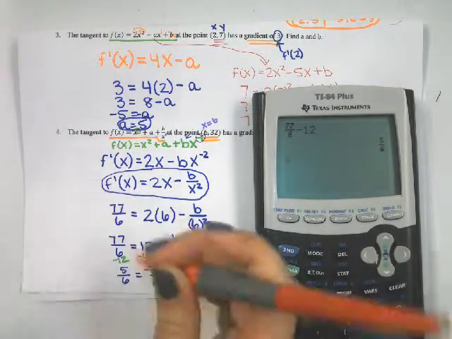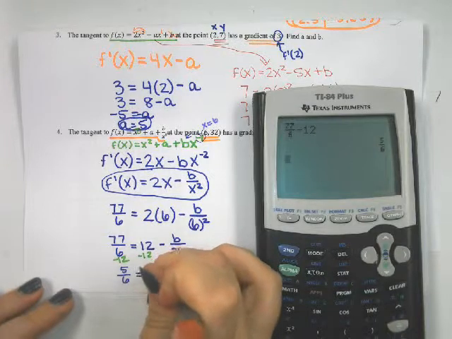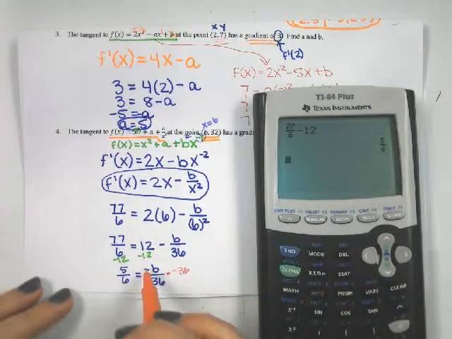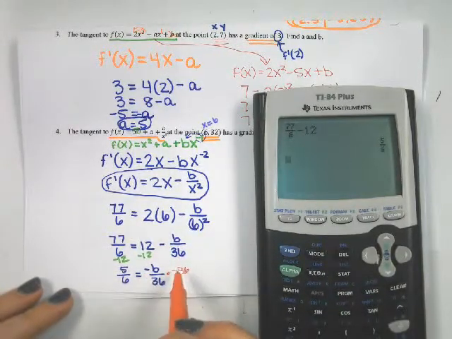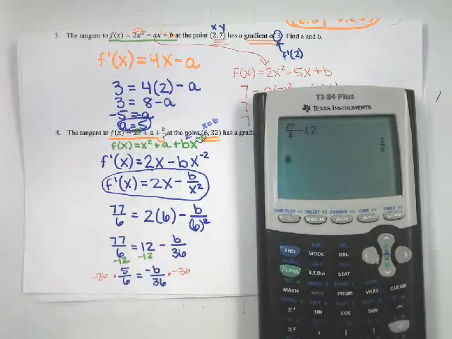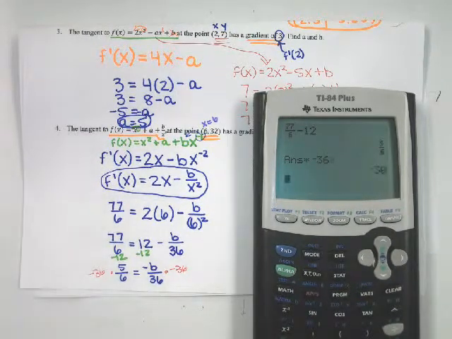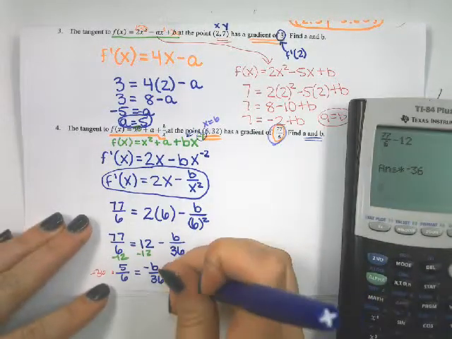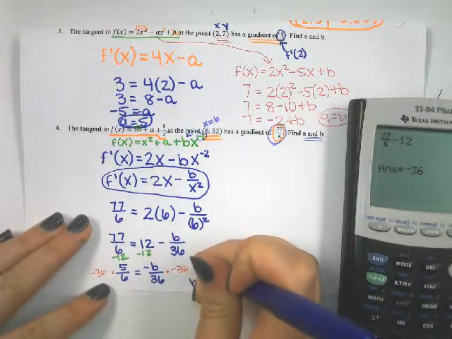I'm going to multiply both sides by 36. Actually, I'll do a negative 36. That way the negative cancels with that one, and then the 36's cancel here. So multiply by negative 36. I already have 5/6 in there, so times negative 36, which is negative 30. So b equals negative 30.